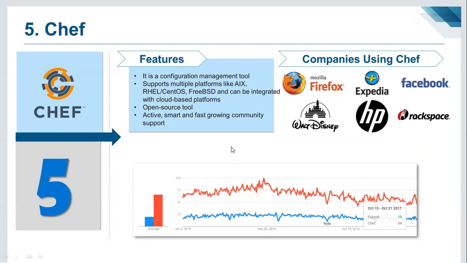Even though they later realized that and started introducing cloud support as well, it was a little late. I think it took like 2-3 years before they could evolve and start supporting the cloud platform. So by that time Chef captured the market.